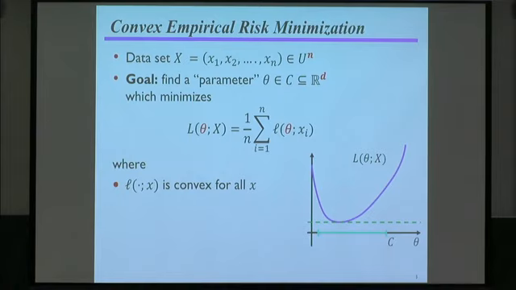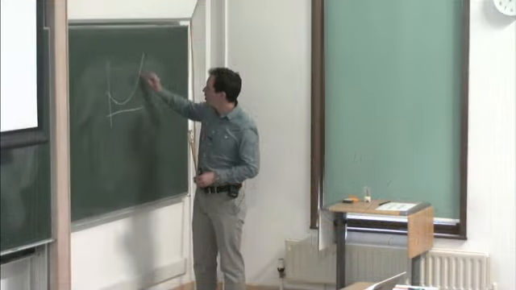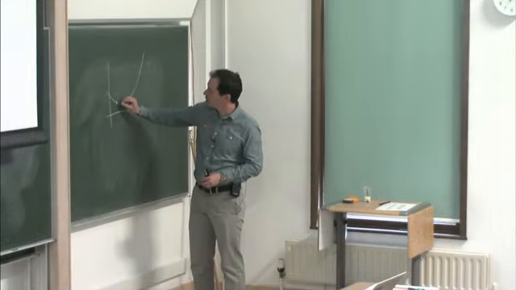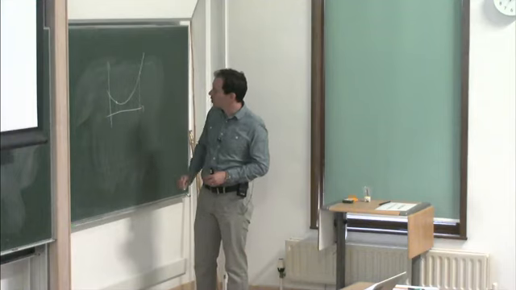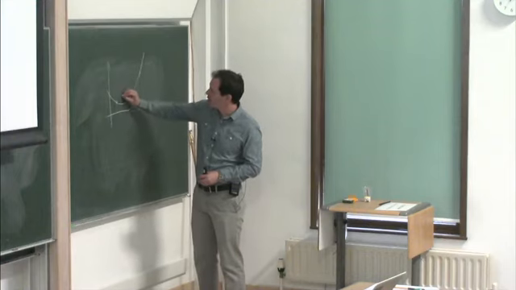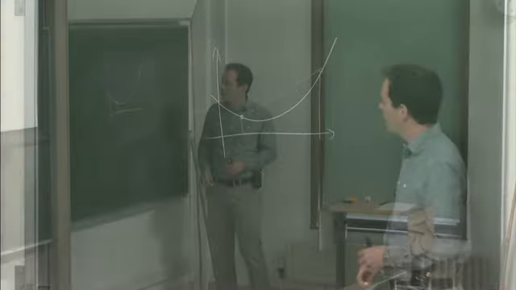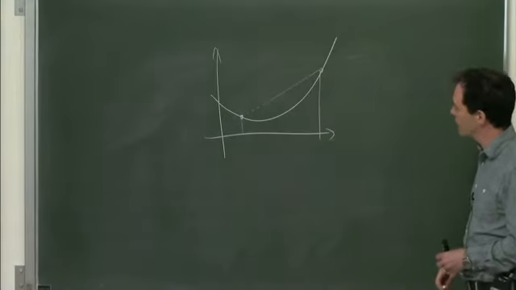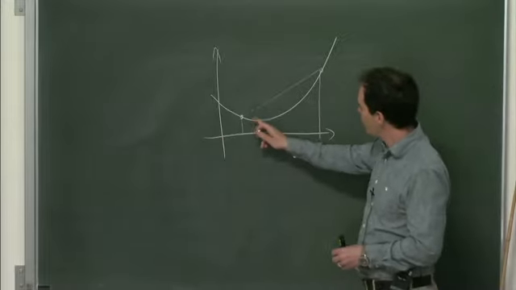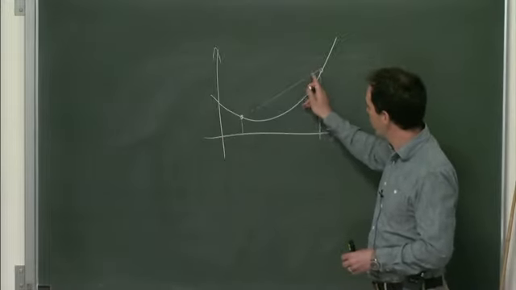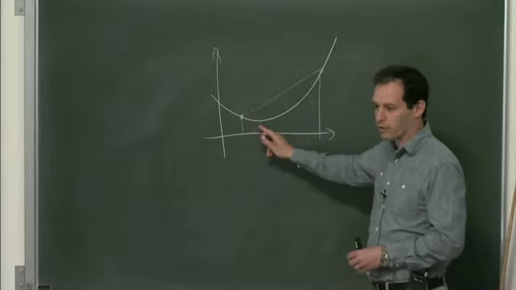As a quick reminder, what makes a function convex is that if you take any 2 points, any 2 arguments to the function, and draw the line that connects the corresponding points on the graph of the function, the function always lies below that line in between those 2 points.